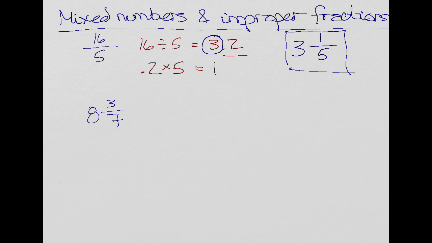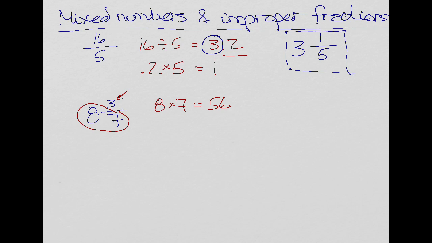What I'm going to do here is I'm going to multiply the denominator by the whole number part. 8 times 7. What that tells me is 8 is 56/7. But I also had 3/7.